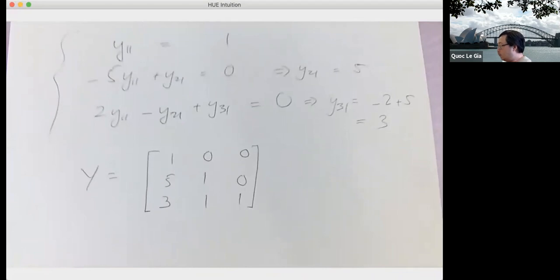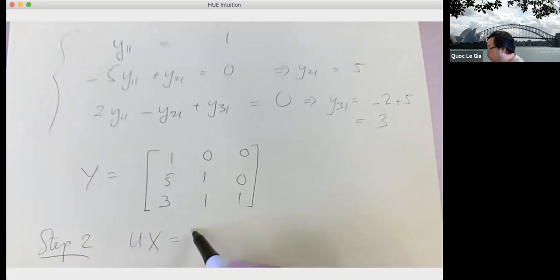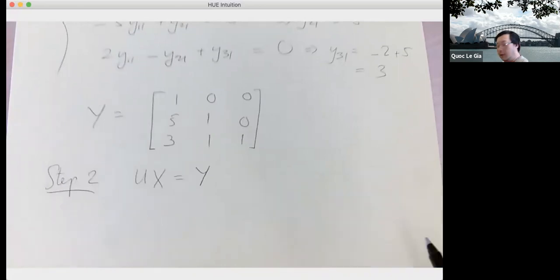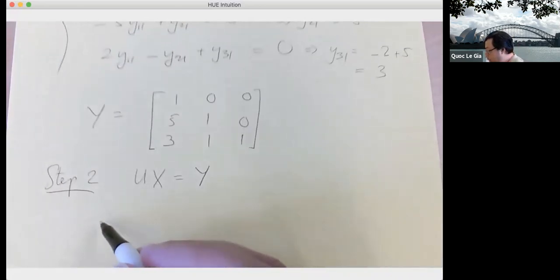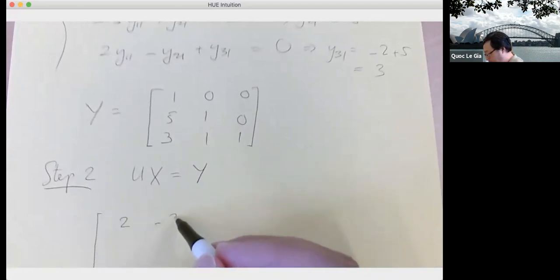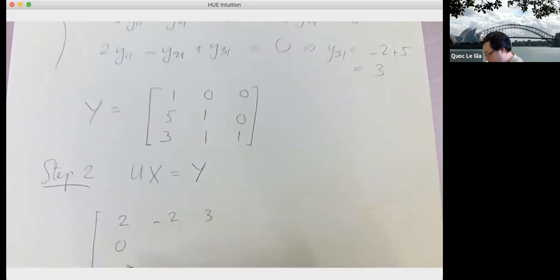And then after that, you solve UX. So step 2, you solve UX equals Y. Remember, U is the upper triangular matrix.